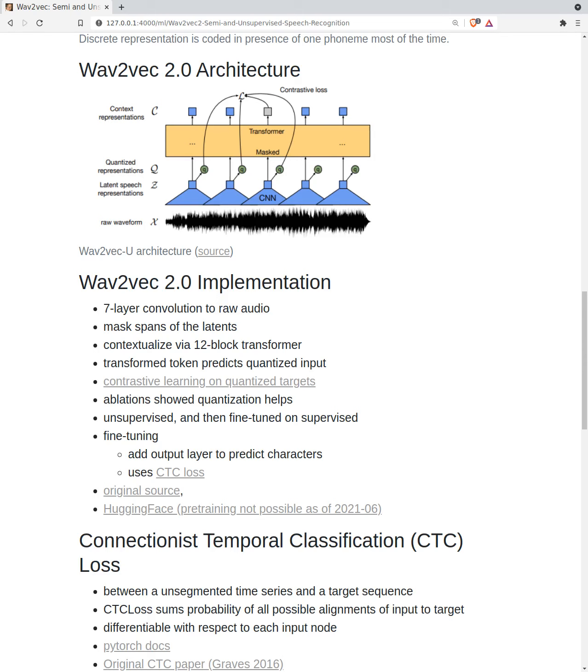It's only important for training, and we also follow the other part of the fork, and then we pass that to a transformer. By the way, the transformer has 12 blocks. The convolution layer has seven layers. Okay, so the transformer contextualizes this representation.